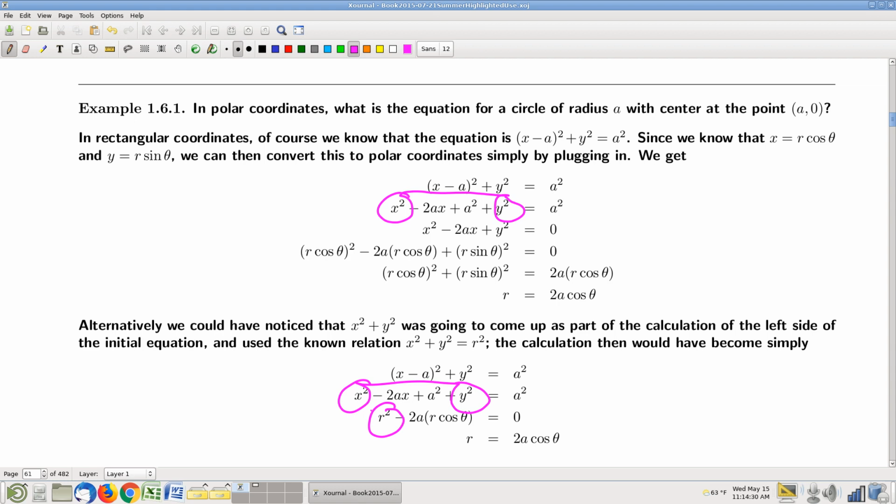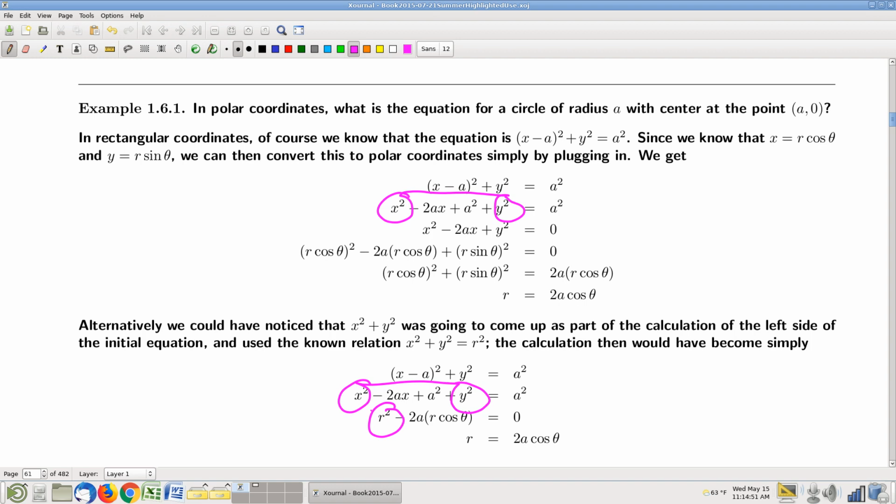So why don't I save myself a bunch of trig simplification by just plugging that in in the first place? So, heads up, look for opportunities like this. You won't always get lucky, it won't always just fall in your lap like that, but every so often it does. So take advantage when the opportunity comes up.